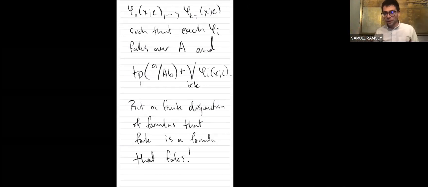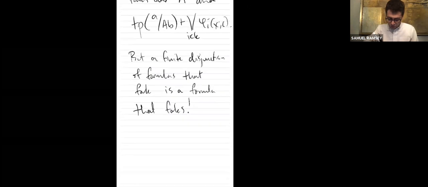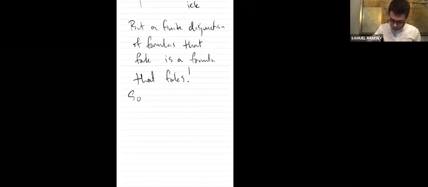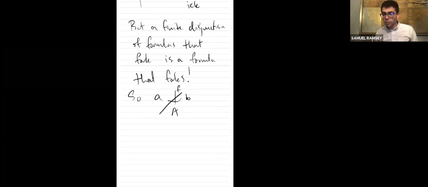So, okay, what did we find? We found that the type of A over AB implies a finite collection of formulas that fork. So A is not independent with B over A, contradicting our assumption.